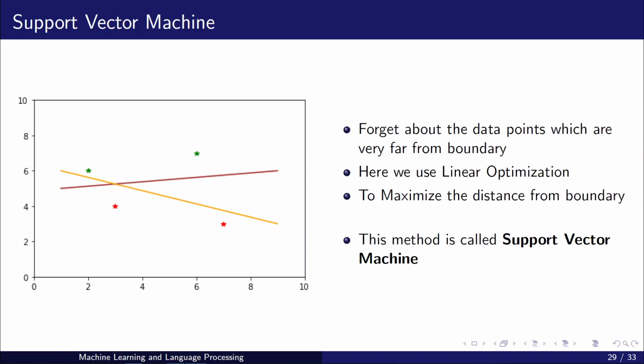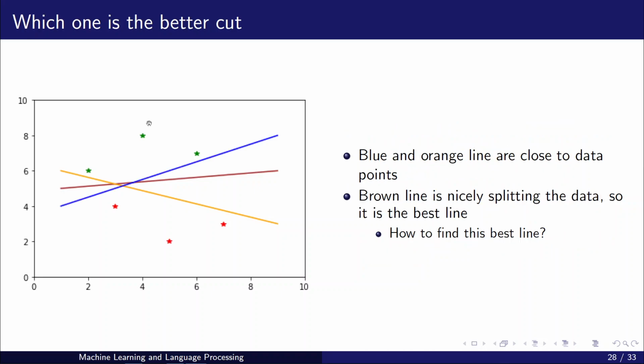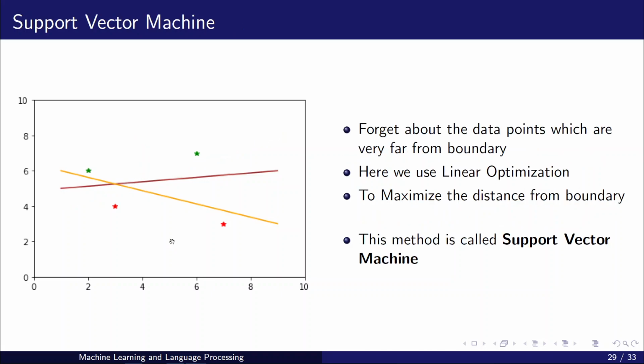So how do we find this best line? For finding this best line, you can forget about the data points which are very far from the cut. So these data points can be avoided, and instead of the descent algorithm, we use linear optimization here.